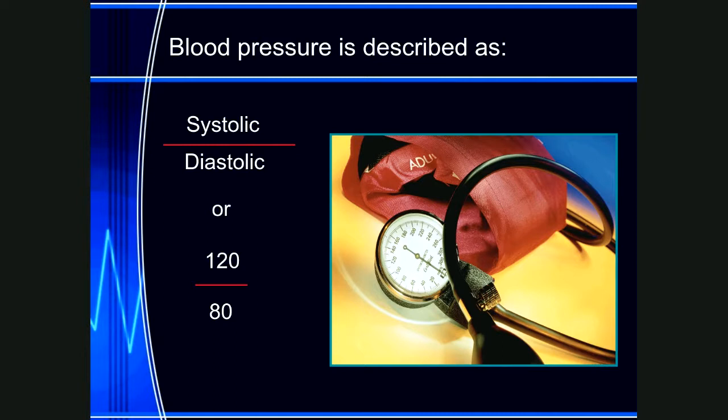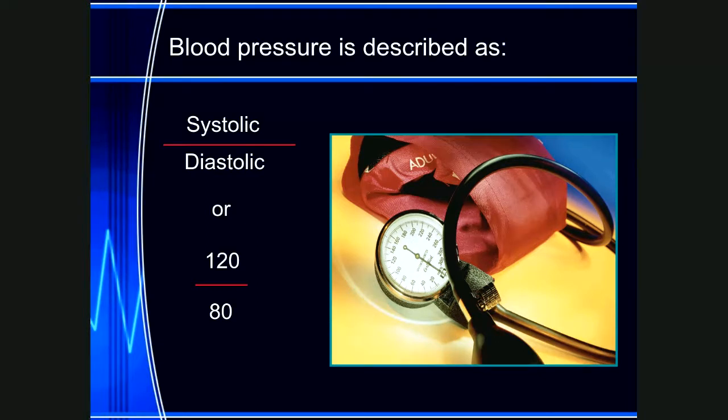So the blood pressure is the pressure created when the heart contracts and forces blood into the arteries. The systolic blood pressure is the pressure created when the heart contracts and forces blood into the arteries.